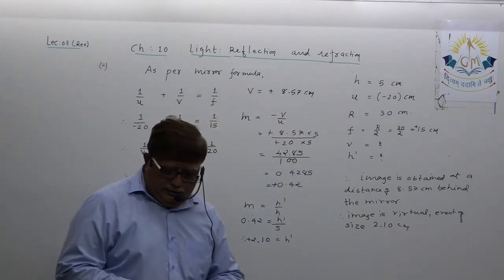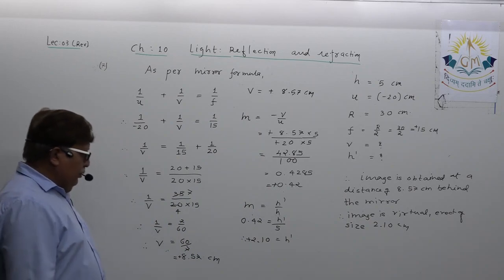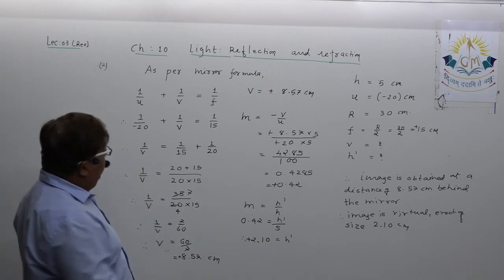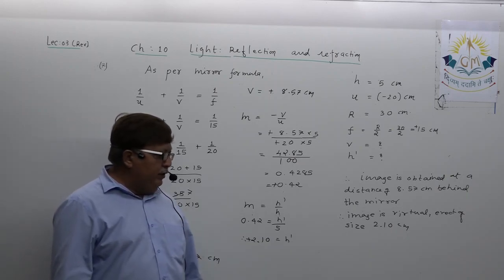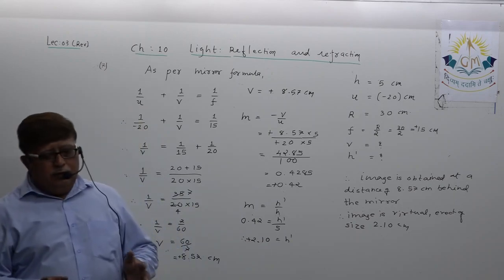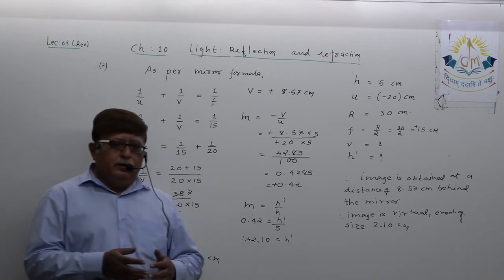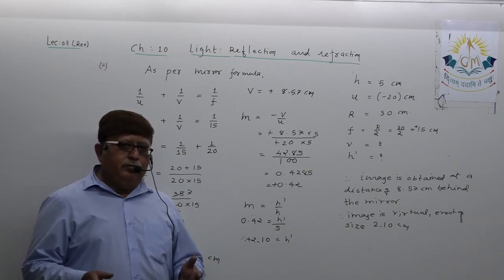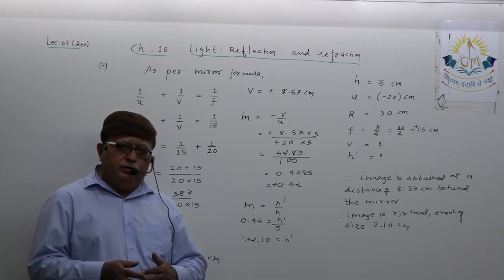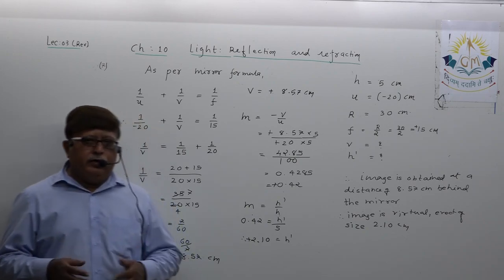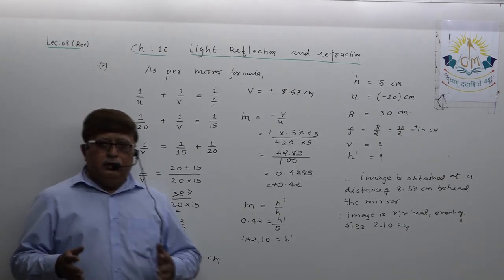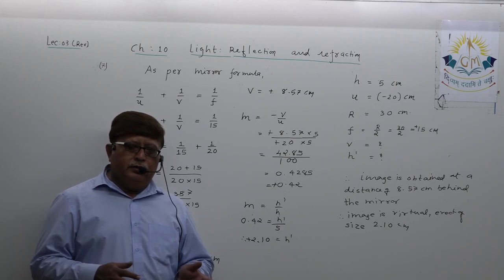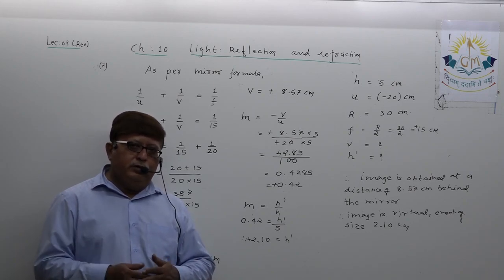Okay, just look at the data. So there are two examples. This is from the PDF, example number 7. As you know, dear student, in the last three lectures of revision, lecture number 1, lecture number 2, lecture number 3, we have targeted only to solve examples regarding concave mirror and convex mirror from the PDF you received.